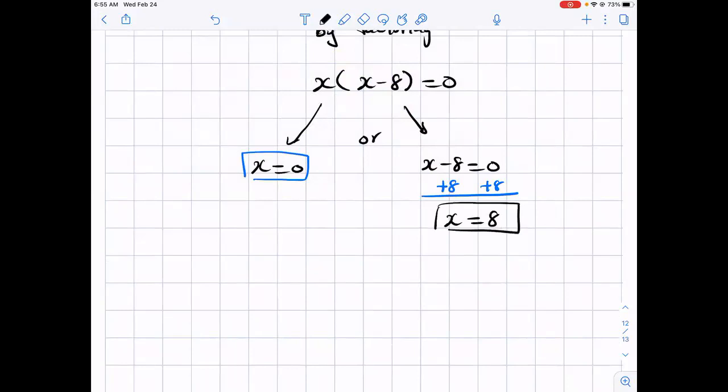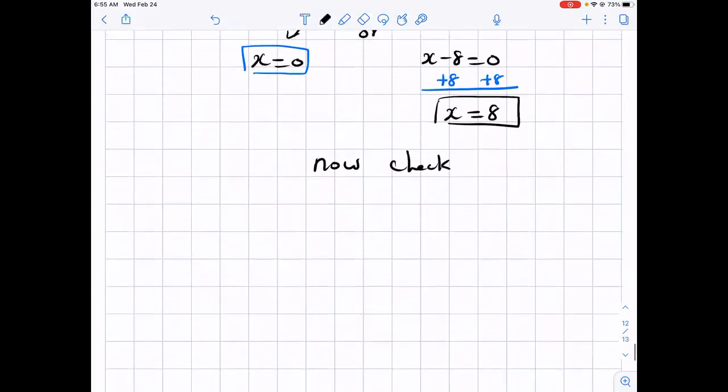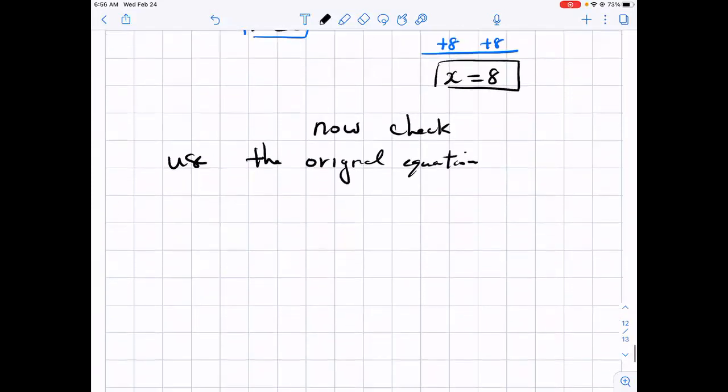So we have to now check. Remember, when we check, we always use the original equation. We must use the original equation. So we're going to check x equals 0.